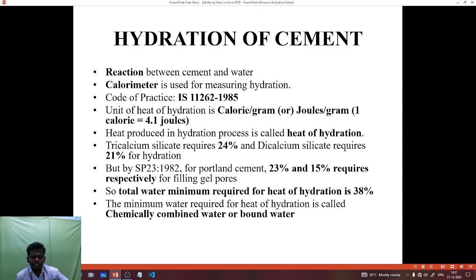Tricalcium silicate requires 25% and dicalcium silicate requires 21% for hydration, but by SP 23 1982 for Portland cement, 23% and 15% are required respectively for filling gel pores. So the minimum total water required for hydration is 38%. That minimum water required, which might be 35 to 38%, is called chemically combined water or bound water.